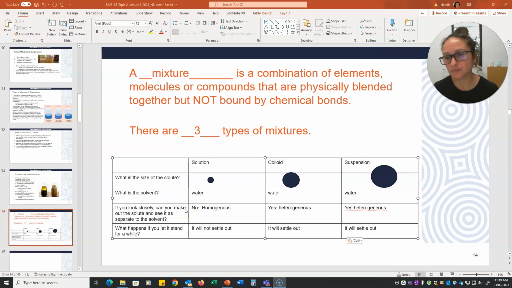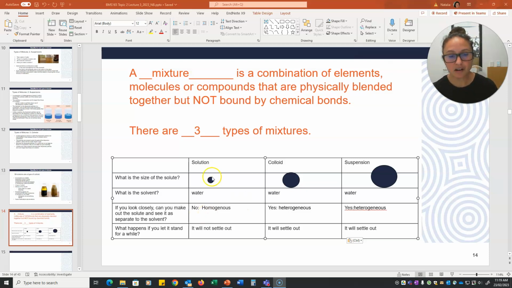So let's summarize what we've done thus far. We know that a mixture is a combination of elements or compounds or molecules that are put into the same space and mixed up. But these elements or molecules or compounds are not stuck together by chemical bonds. They're just mixed together in the same spot. And we know that there are 3 types of mixtures.